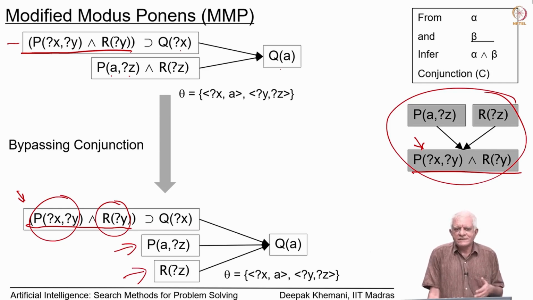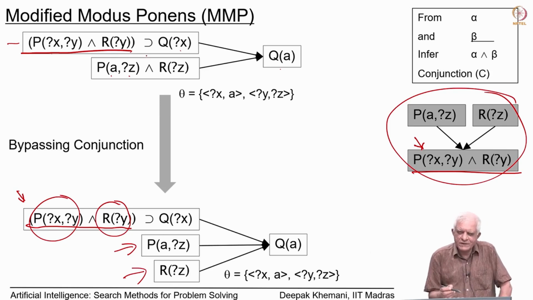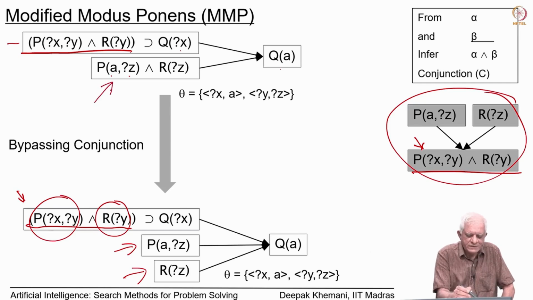In particular, we are looking at deduction using first order logic, and so far we have seen forward chaining, and in forward chaining we saw that we are given a set of facts which you can see at the bottom of the thing, or you can see on the top here that there are two formulas, and essentially you are applying something called modified modus ponens, in which if you can match the given fact, which is this one, with the left hand side, which is that one, then you can infer the right hand side.